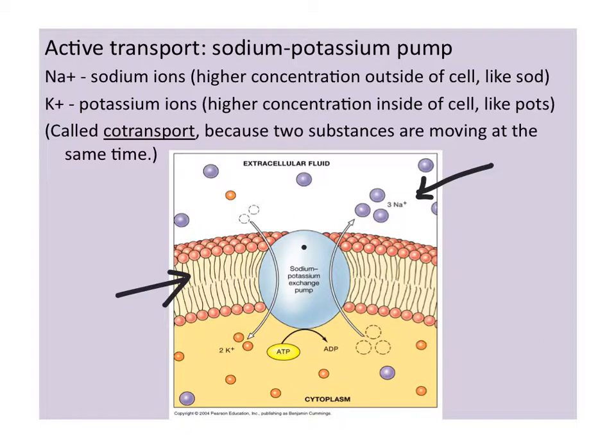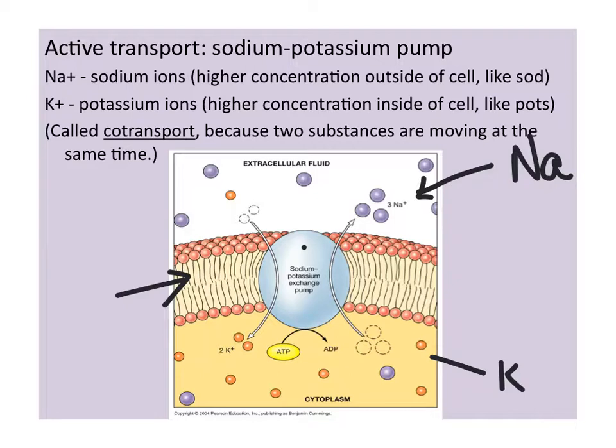Inside the cell, we have these orange dots, and those are representing potassium. Potassium, I don't know what it stands for, to tell you the truth, but the symbol is a K, okay? Whereas here, the symbol for sodium is Na. And there's a higher concentration of potassium inside the cell, and that is the way we want it.